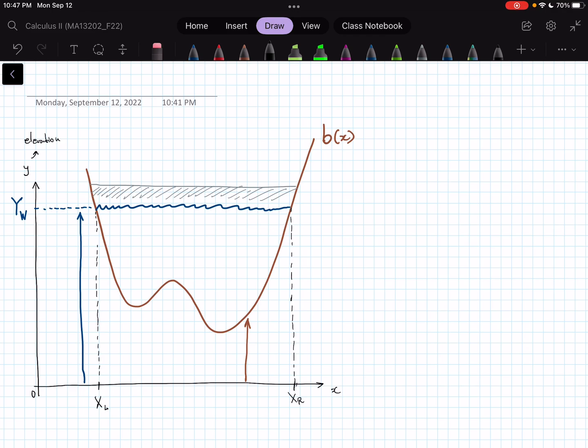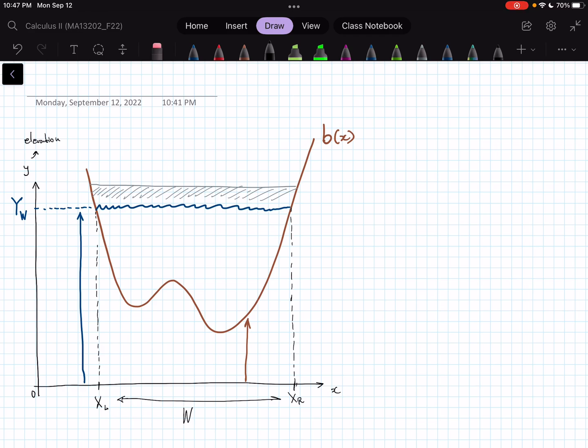But more importantly, we're going to talk about the width of the entire dam. So that sets up the basic components of our sketch.